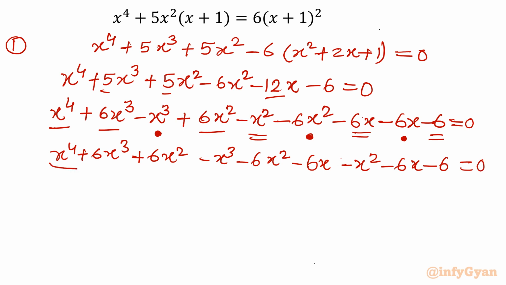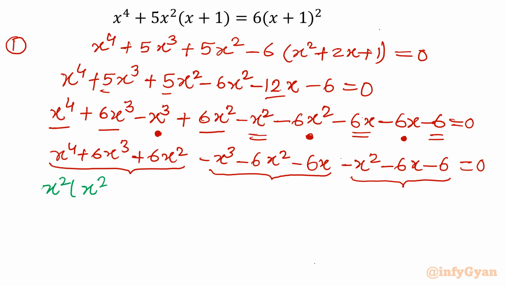Now from the first three terms, I am going to take x square common. Here I am going to take minus x common. Here I am going to take minus 1 common. So what we'll have after that: x square times (x square plus 6x plus 6). Observe this bracket.